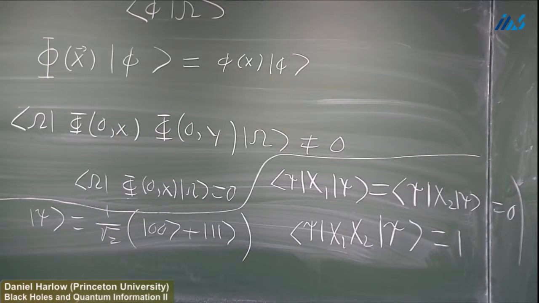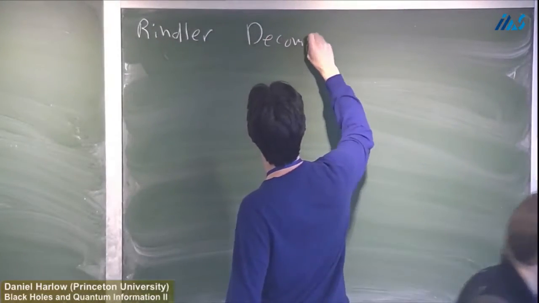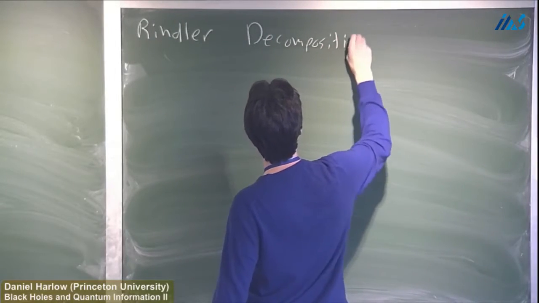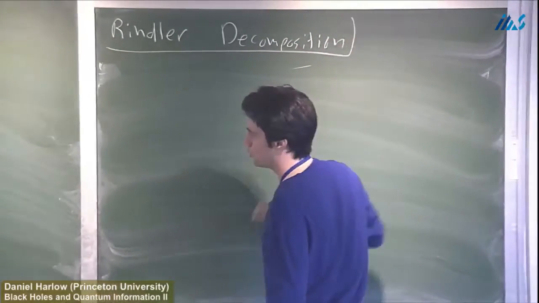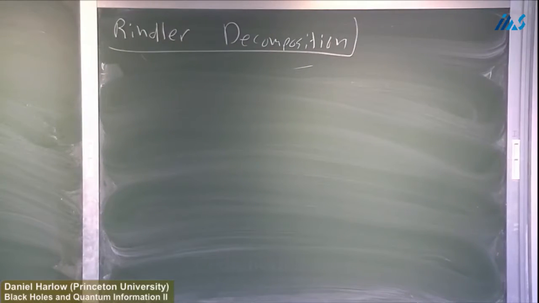Good. So now what I'd like to do is try and make this entanglement structure of the vacuum more explicit by introducing what's called the Rindler decomposition. So the goal of the Rindler decomposition is to produce in quantum field theory an expression for the state which is kind of like this one.